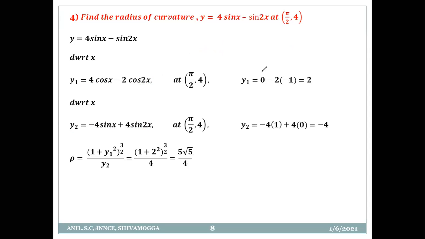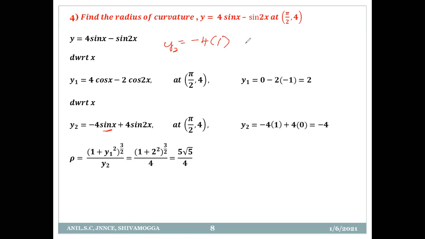At (pi by 2, 4), put x is equal to pi by 2 and y is equal to 4. Then y2 is equal to minus 4 into sin pi by 2. What is sin pi by 2? It is 1. Sin 90 degrees, sin pi by 2 radians. I gave you a table. You must memorize all these values.